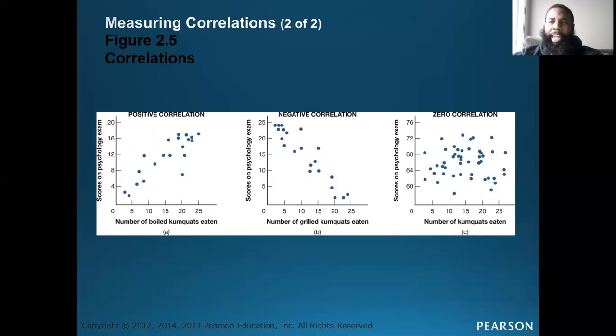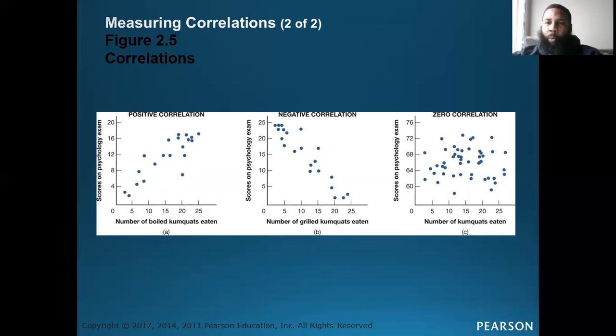Now, when we look at this negative correlation, we see the exact opposite, right? So the number of kumquats eaten increases, but when we look at our y-axis, the score of the psychology exams goes down, right? So 25 kumquats eaten, you get a score of 3 for this example, right?